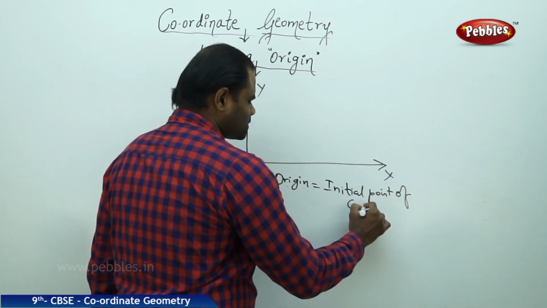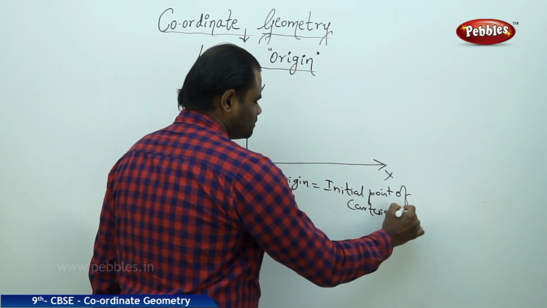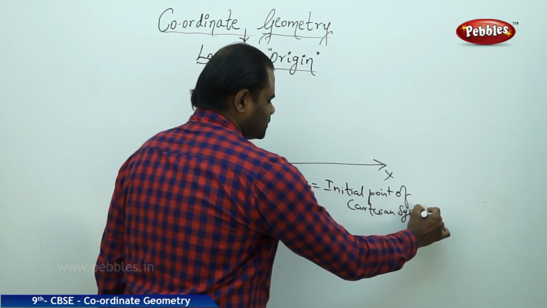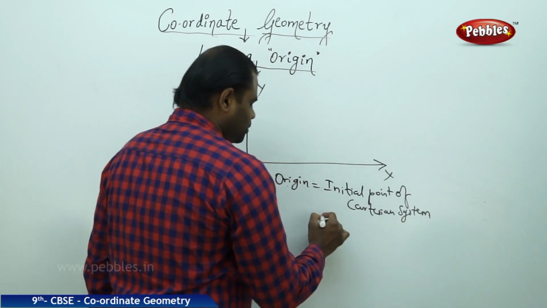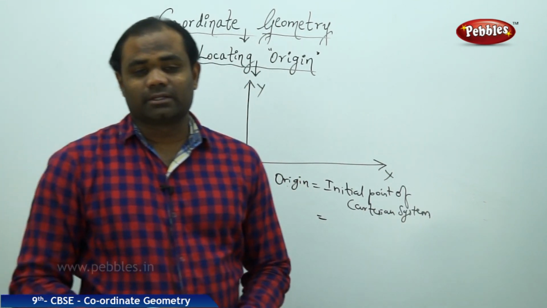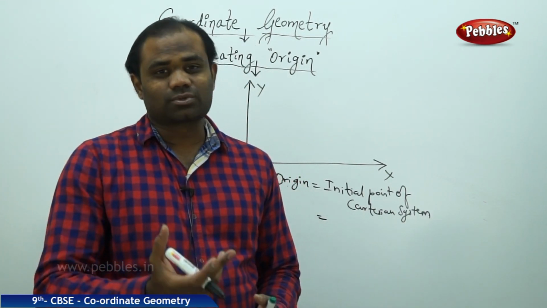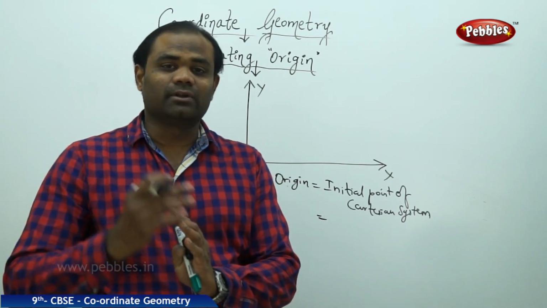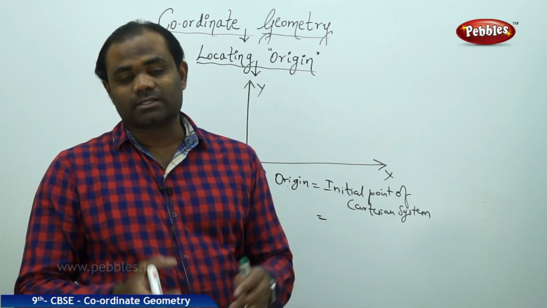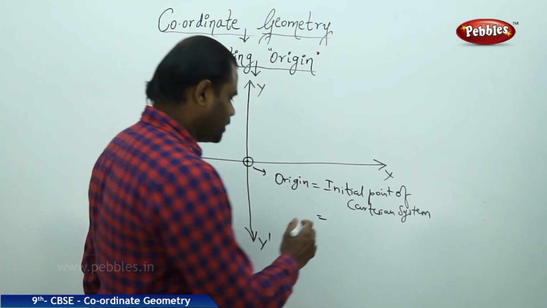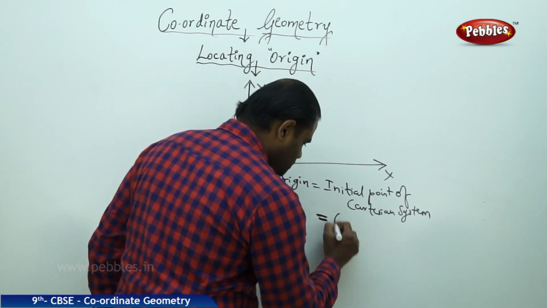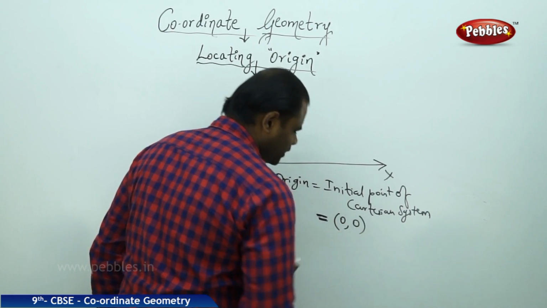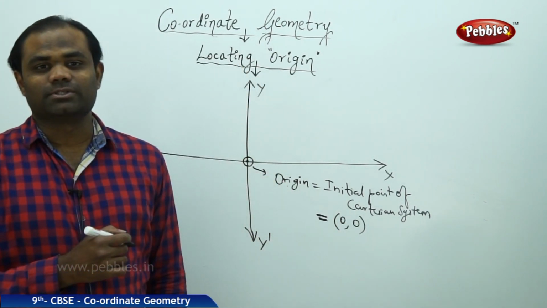So the origin is referred to as the initial point of the Cartesian system. Now, because it is the initial point of the Cartesian system, it is understood to be without having moved any units right or left or up and down. It is initially at the point where the x coordinate is assumed to be 0 and the y coordinate also is assumed to be 0.